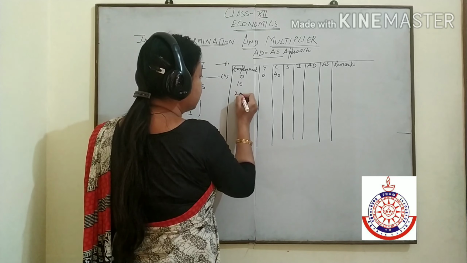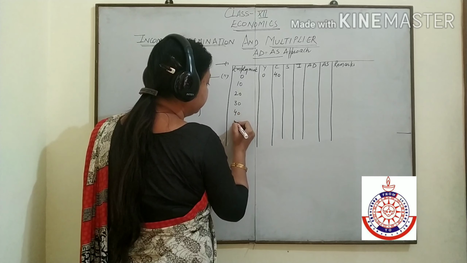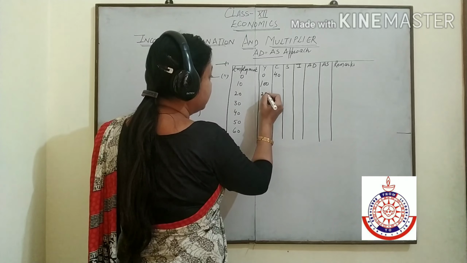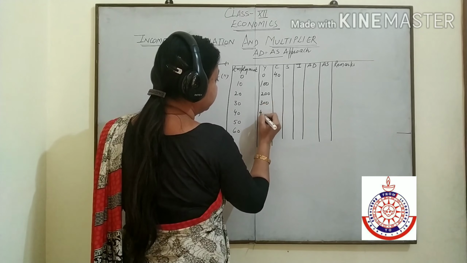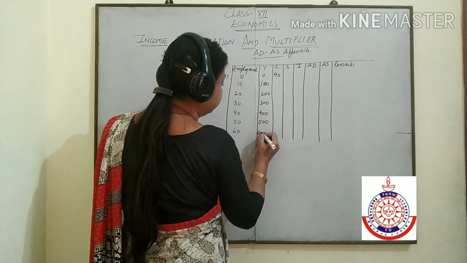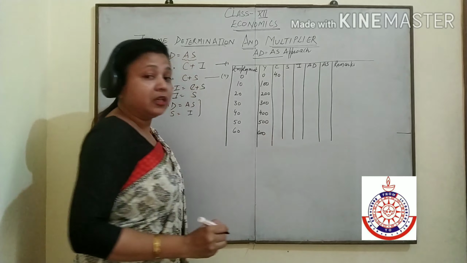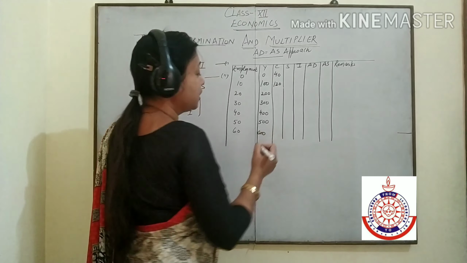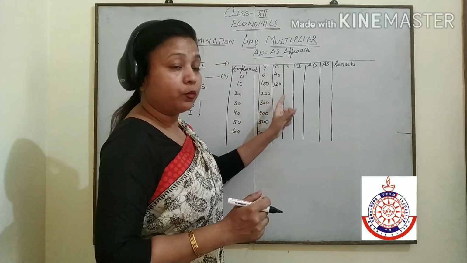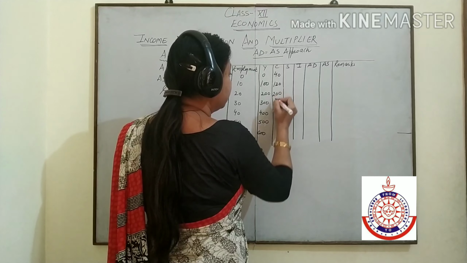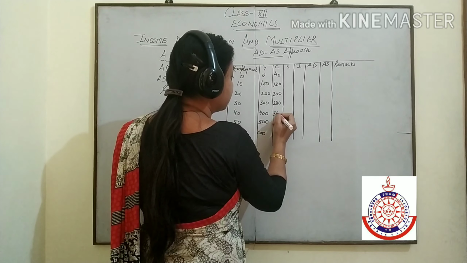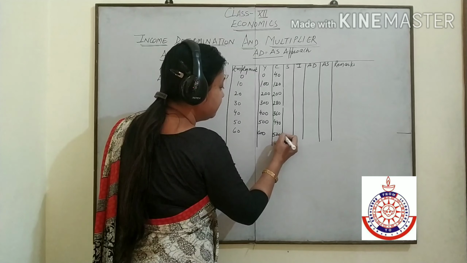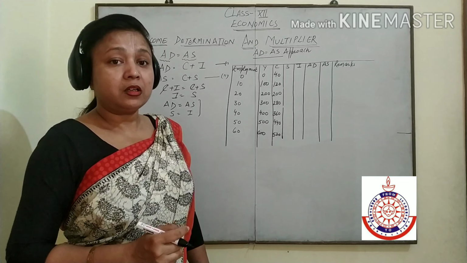Now employment is increased continuously as income is also increased continuously. Consumption is increased at a constant rate. Consumption increases from 40 to 120, then 200, then 280, then 360, then 440, and after that it will be 520.